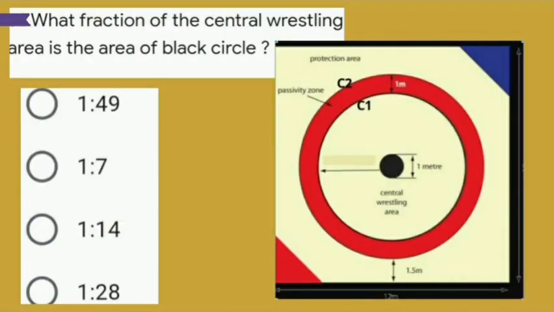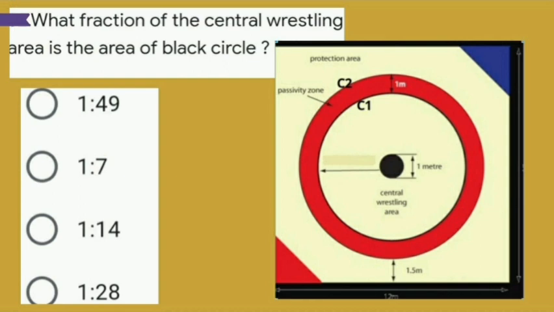Now let us move on to the second one, which says what fraction of the central wrestling area is the area of the black circle. That means we are supposed to find the area of the black circle as well as the area of the central wrestling circle, and then decide what fraction of the central wrestling area is the area of the black circle. So we will be calculating the areas.